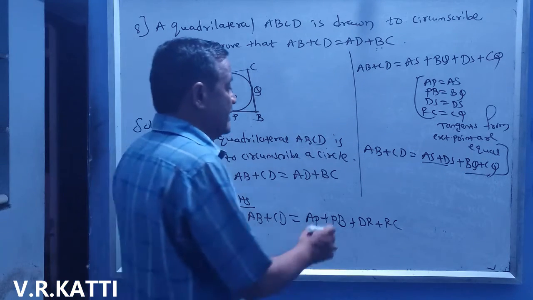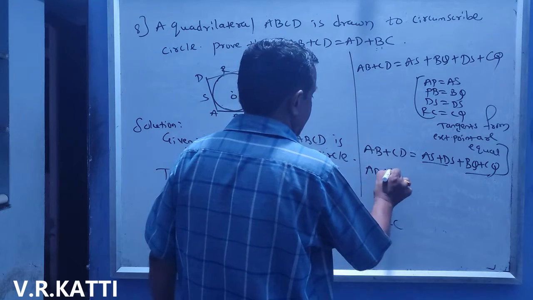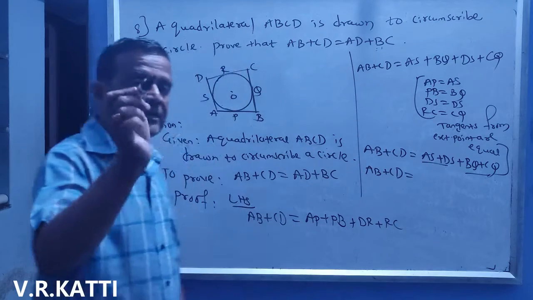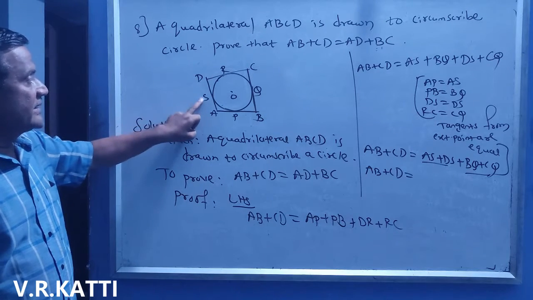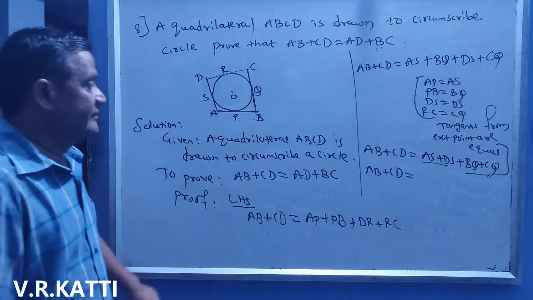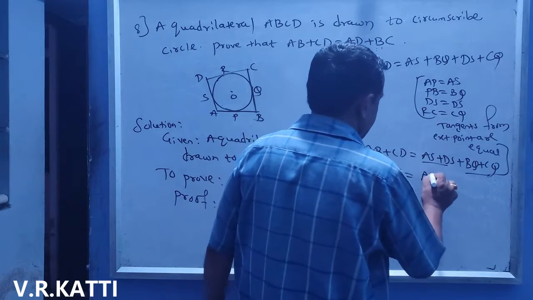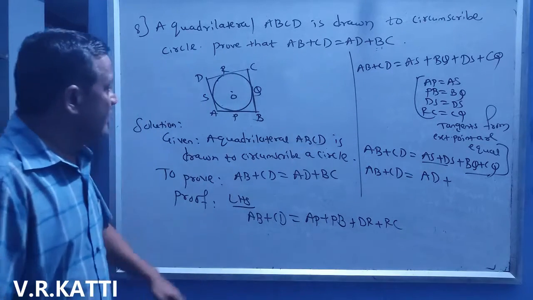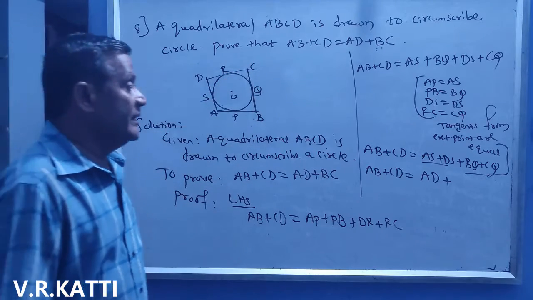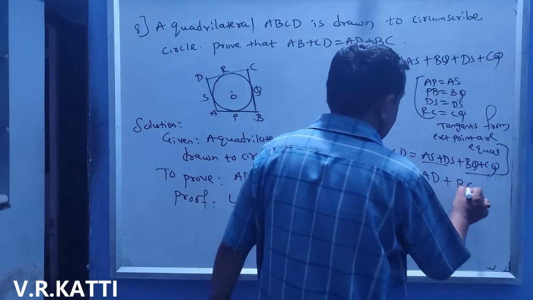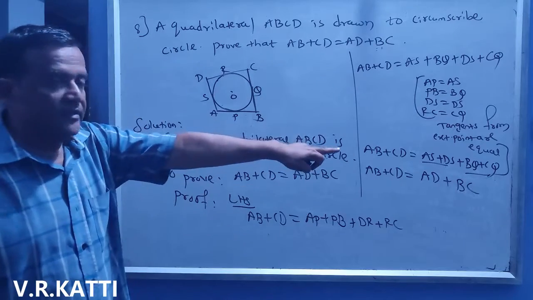Students, see here. AS plus DS is AD. BQ plus CQ is BC. Is it not? See that.